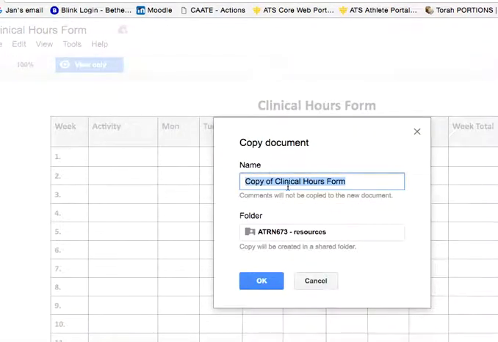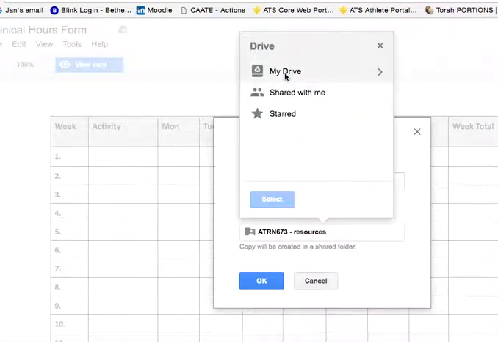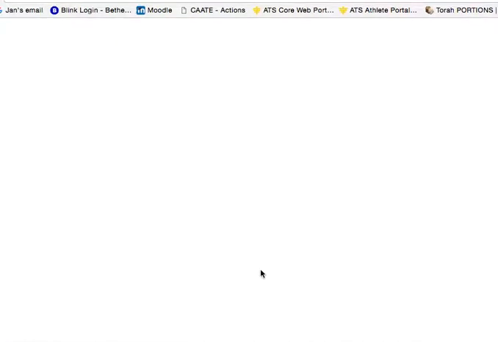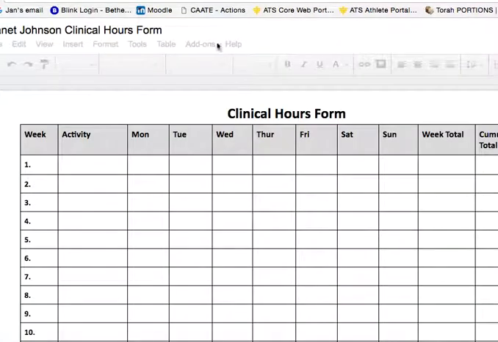Click on that and then put your name right here. So I would do Janet Johnson, clinical hours form, and then I'll probably want to store that in my own drive. Alright, select that. Okay. Janet Johnson Clinical Hours form.